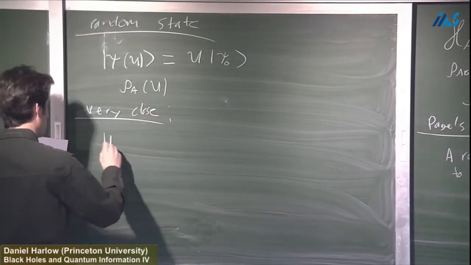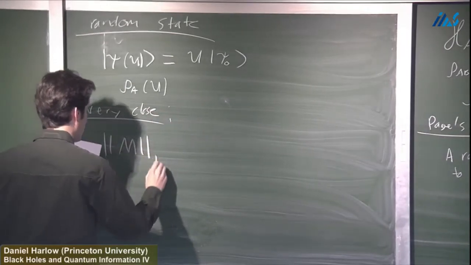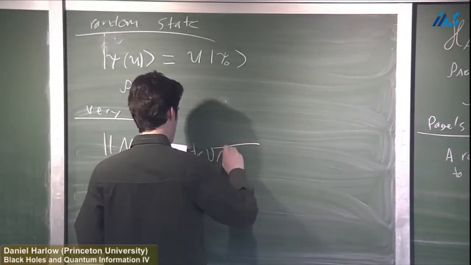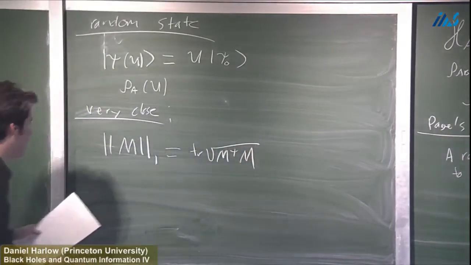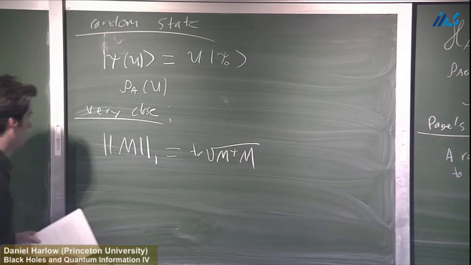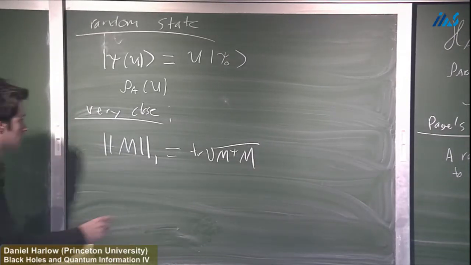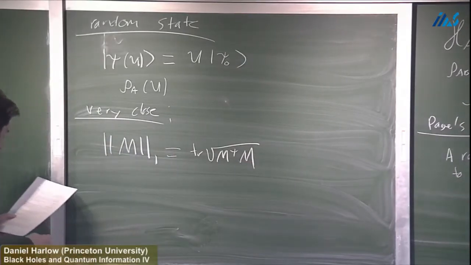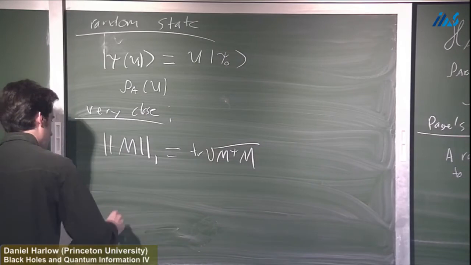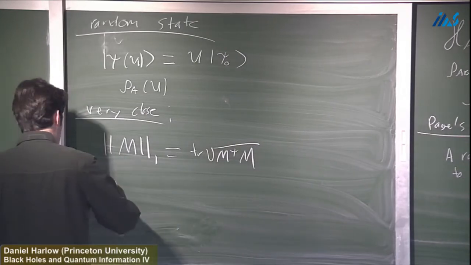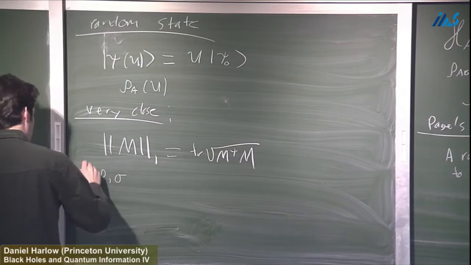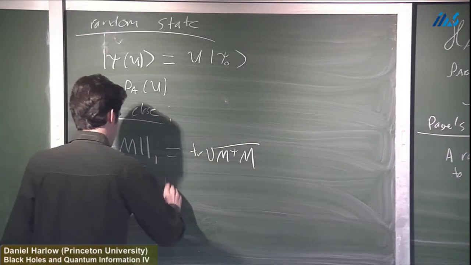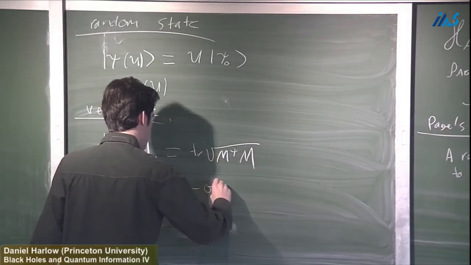So for any operator M, you can define its one norm as the trace of the square root of M dagger M. More intuitively, if M is diagonalizable, then this is just the sum of the absolute values of all of its eigenvalues. Then the trace norm distance between two quantum states, rho and sigma, we could call it d1 of rho and sigma, is just defined as the trace norm of rho minus sigma.